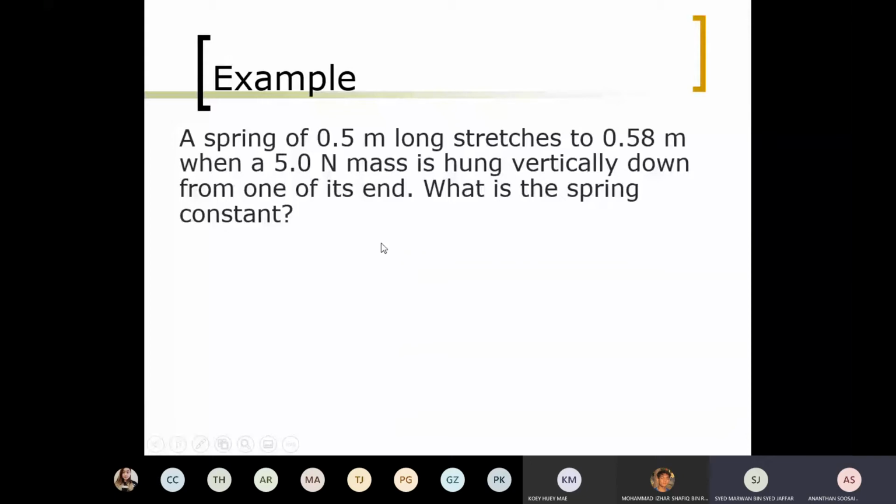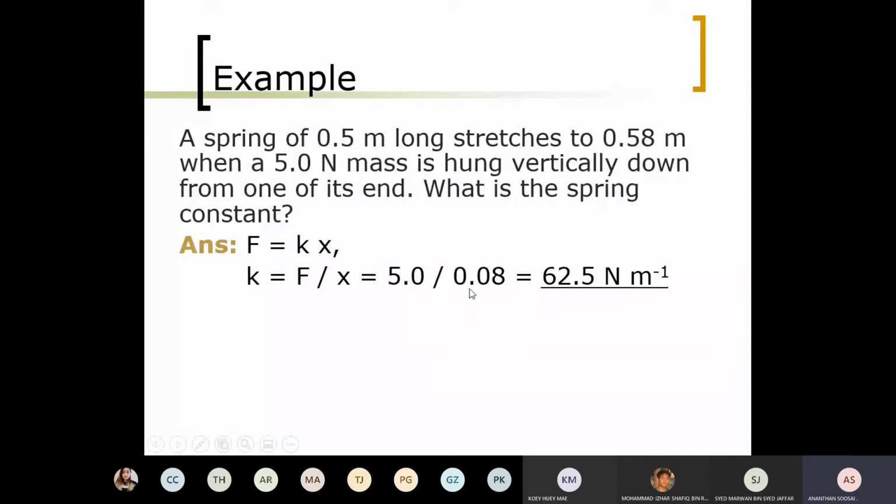Okay, so one easy example. A spring 0.5 meter long stretches to 0.58 meter when a 5 Newton weight is hung vertically. What is the spring constant? 5 Newton is the force. The extension is 0.08 meter, since the original length of 0.5 stretched to 0.58. F equals kx, so 5 divided by 0.08 gives a spring constant of 62.5 Newton per meter.